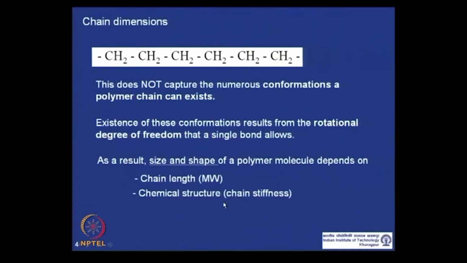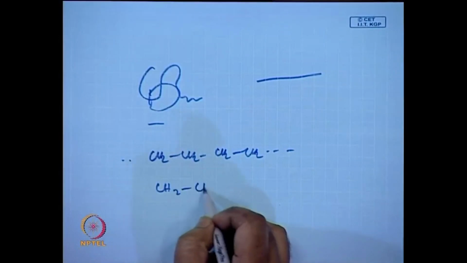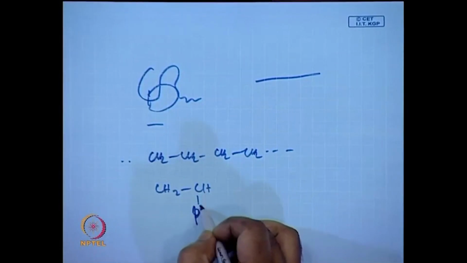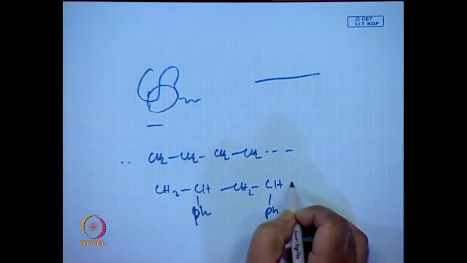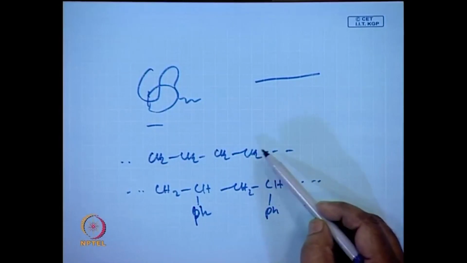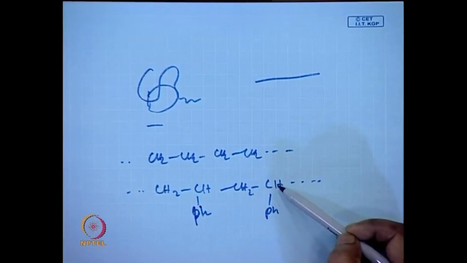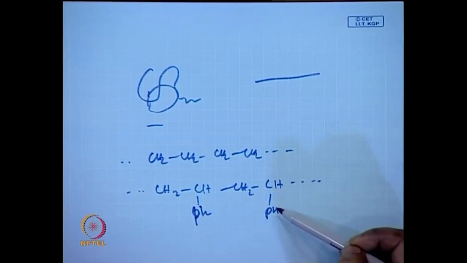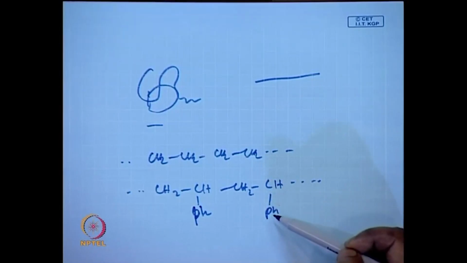Now, if you have say a polyethylene molecule or say a polystyrene molecule, obviously, the rotational freedom across the single bond will be much lower in the case of polystyrene than polyethylene. Because of the bulky substituent, the rotation across the single bond will be restricted. So, polystyrene is a stiffer chain.